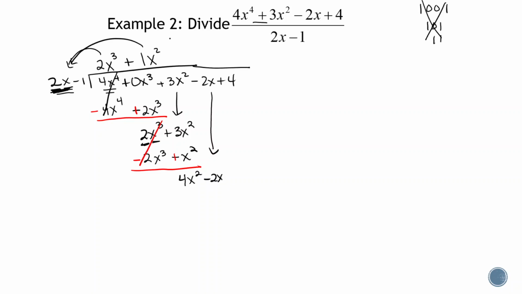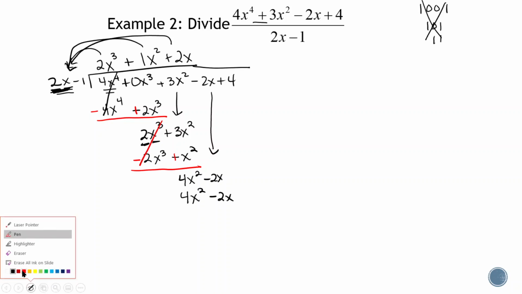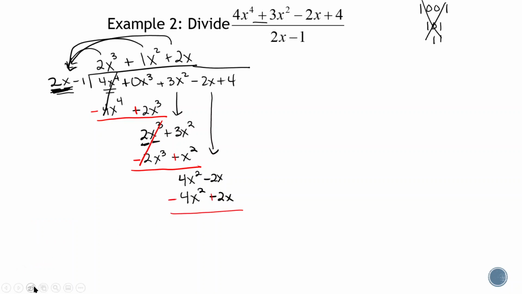So now I need a 2x, and I multiply it through here. So that'll give me 4x squared minus 2x. And then we're going to subtract. So I change my signs, and that will give me 0. This will also give me a 0, and then I bring down my last piece.